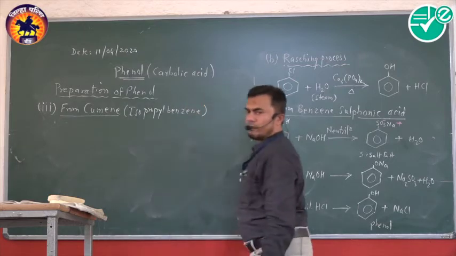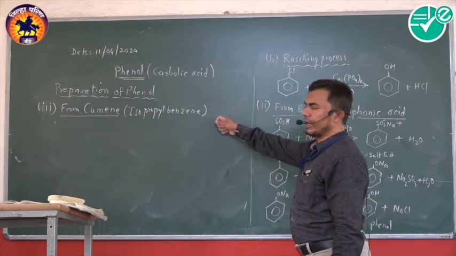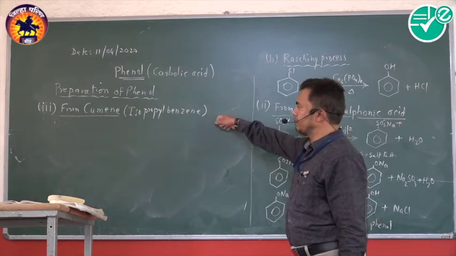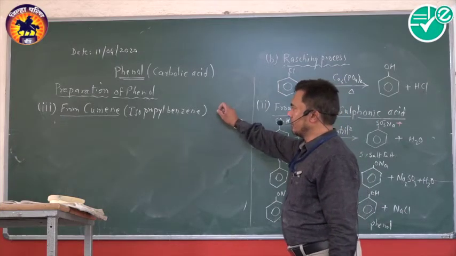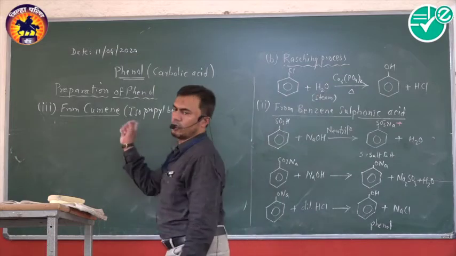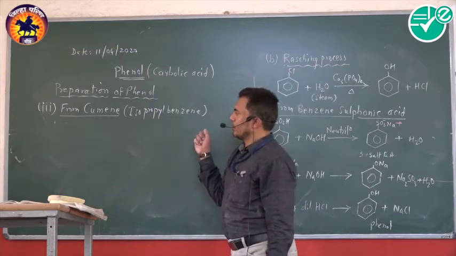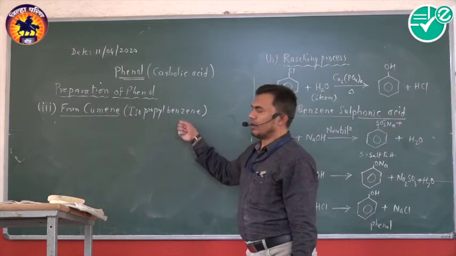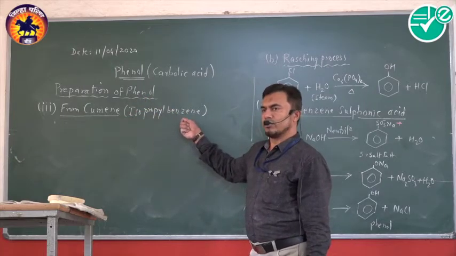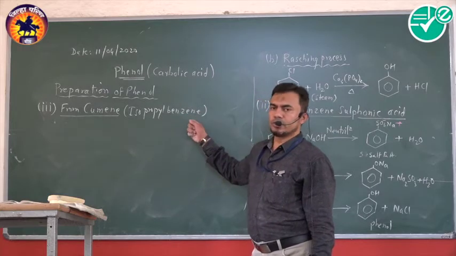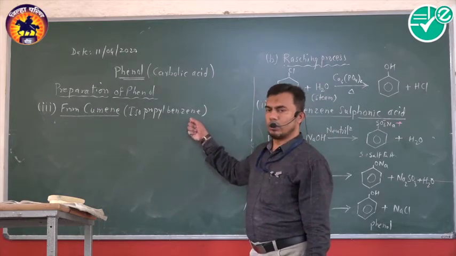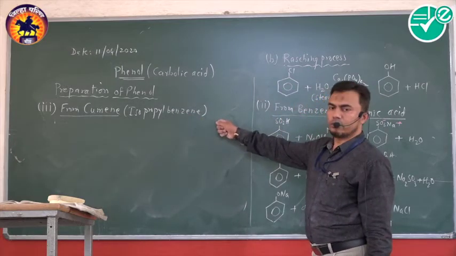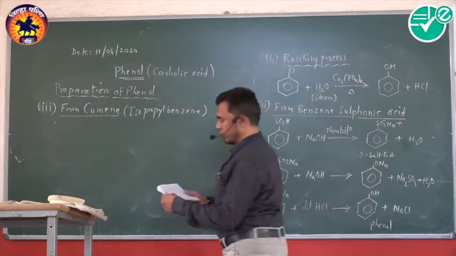From cumene we will get phenol, along with phenol we will get an important compound, acetone. Therefore, this method is adopted by industry. Why? Because of the formation of phenol along with acetone, which is a very important compound used as a solvent, called an industrial solvent or lab solvent. So remember, this is also a very important method to prepare phenol.